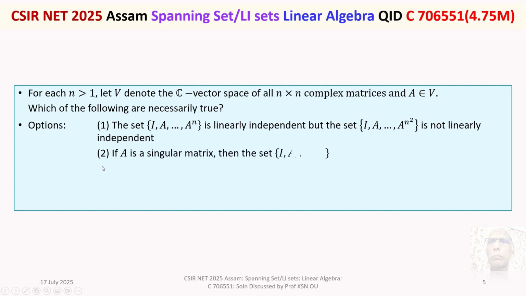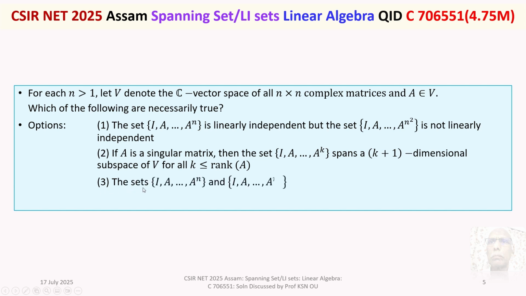Option 2, if A is a singular matrix, then the set consisting of I, A, etc., A power k spans a k plus 1 dimensional subspace of V for all k less than or equal to rank of A.